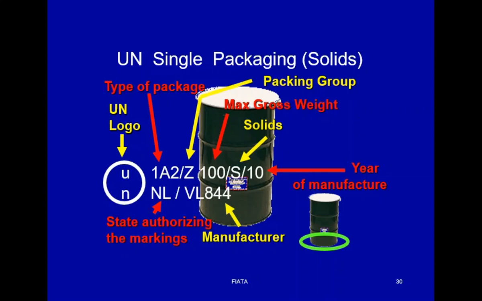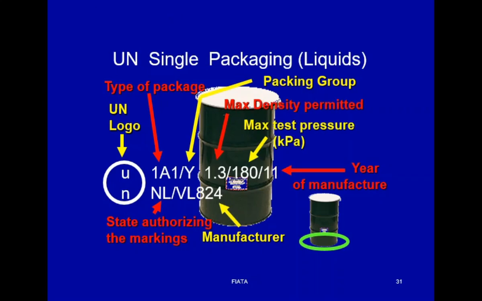I do not want to complicate the markings on it. The UN specification marking determines what is in it, and when you do DG, that will be clearly explained to you. I do not want to take too much time doing it here.